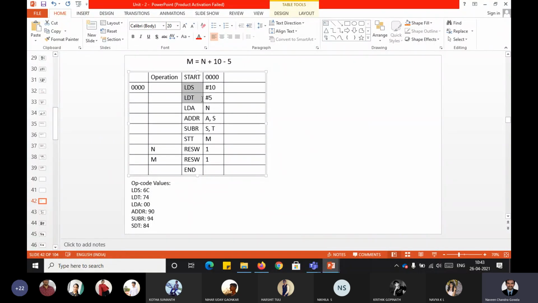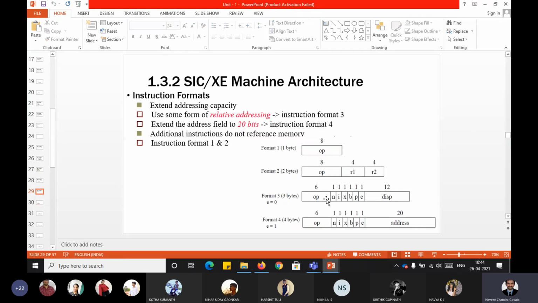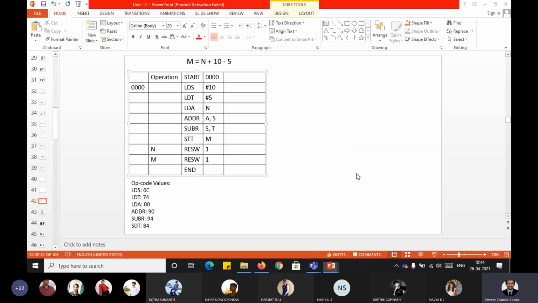The rest of the instructions like these and also these belong to either format 3 or 4. I repeat, either format 3 or 4. Again, how to categorize whether it is format 3 or 4? So I hope you are clear with format 2: instructions which work purely on the registers belong to format 2.